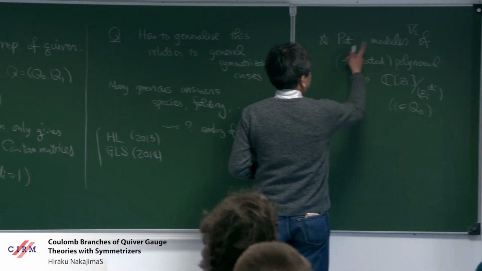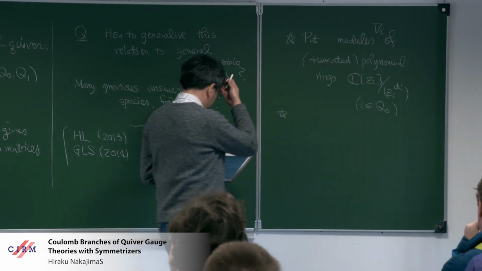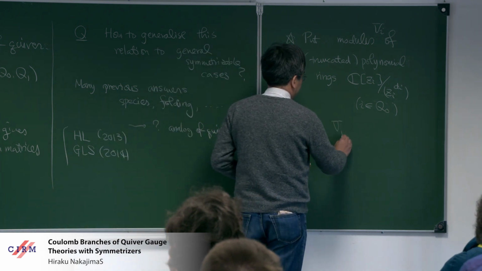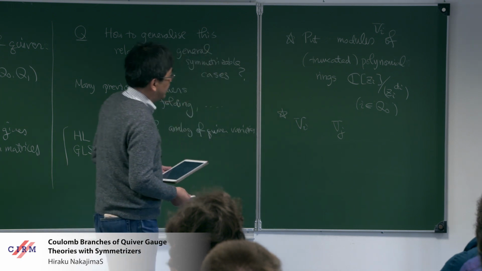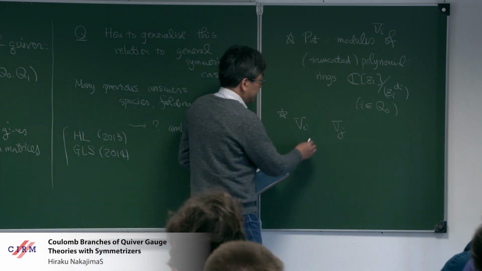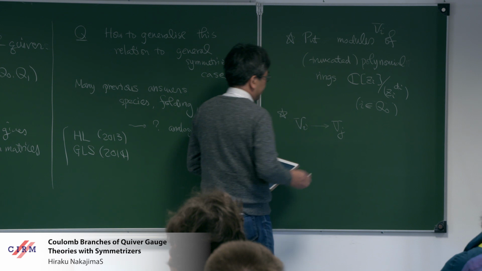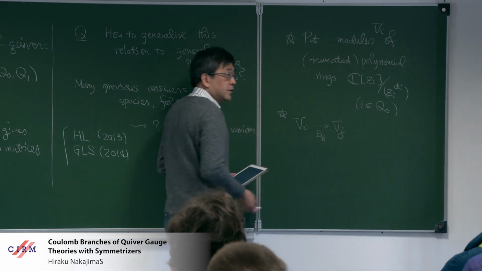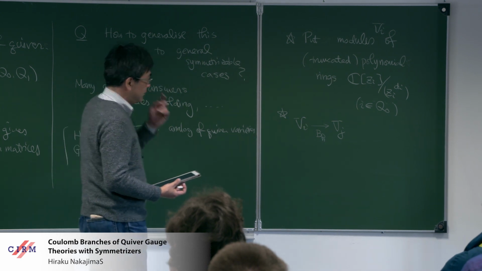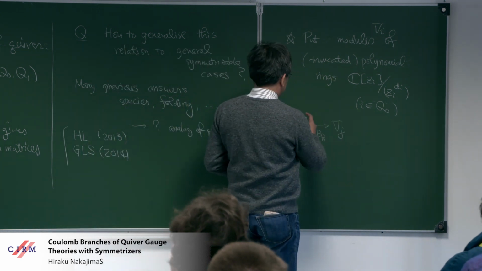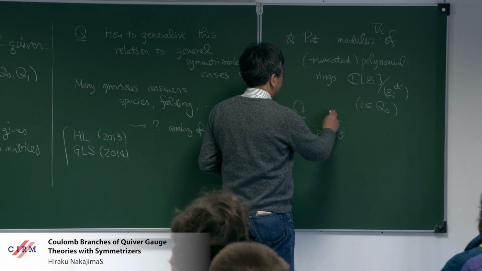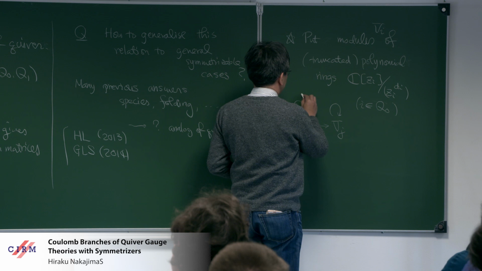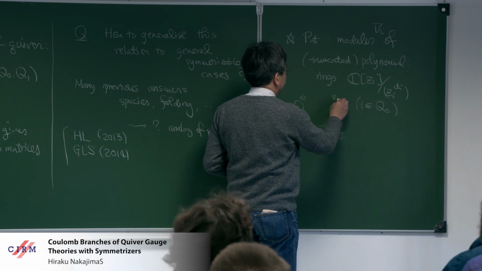And the second modification is this: you have these modules Vi and Vj, and if two vertices are connected by an oriented arrow, then in the usual setting you assign a linear map B between them. But in this setting we have an additional homomorphism given by multiplication of xi and xj.